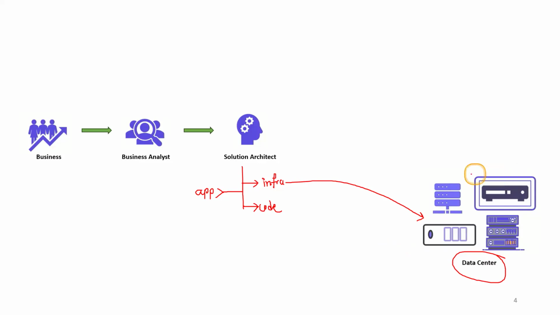But what happens if the infrastructure is not available in the data center? What happens if the entire infrastructure is not available in the data center? What will happen, guys? Who has to take care of it again? Respective architects and data center companies have to build it.